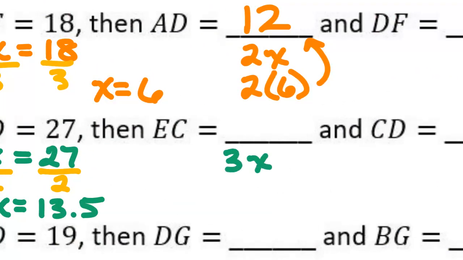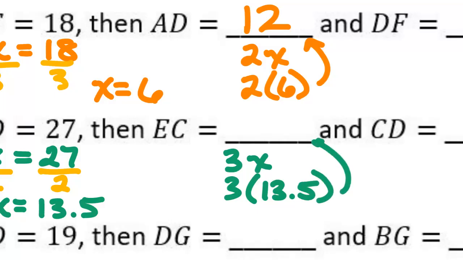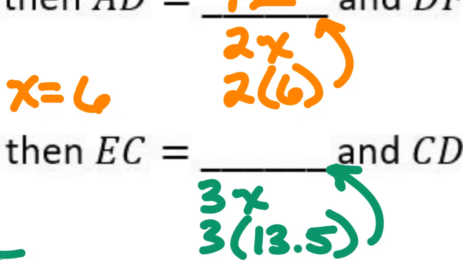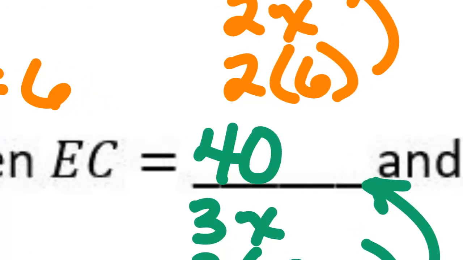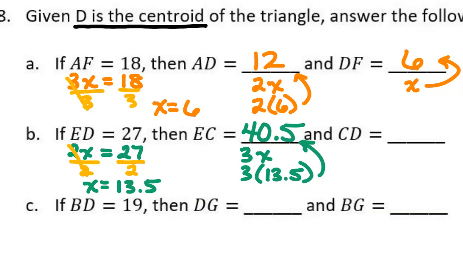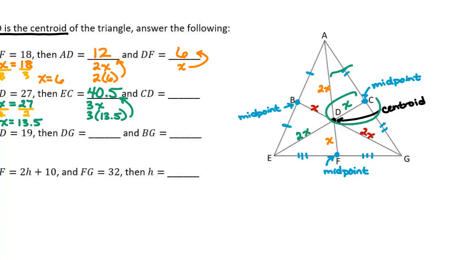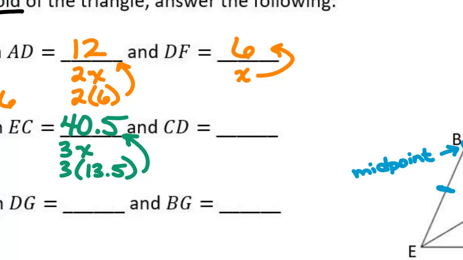So this would be 3 times 13.5. What is 3 times 13.5? 40.5. And then how big would CD be? 13.5, because it's just my x. So that would be 13.5.